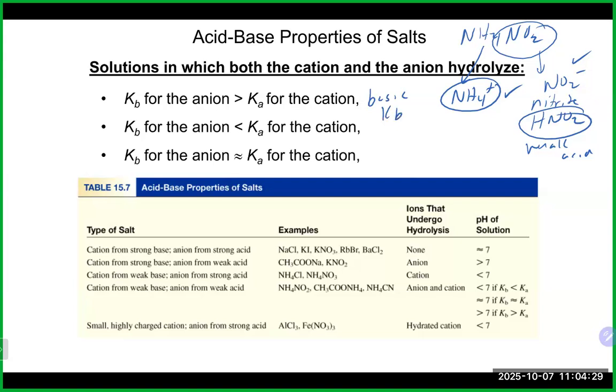If the Kb for the negative one is less than the Ka value for the positive one, that means the acid part is bigger, and we would assume it's going to be acidic and you would do the Ka calculation. If they are about equal to each other, then it will probably be a neutral solution.